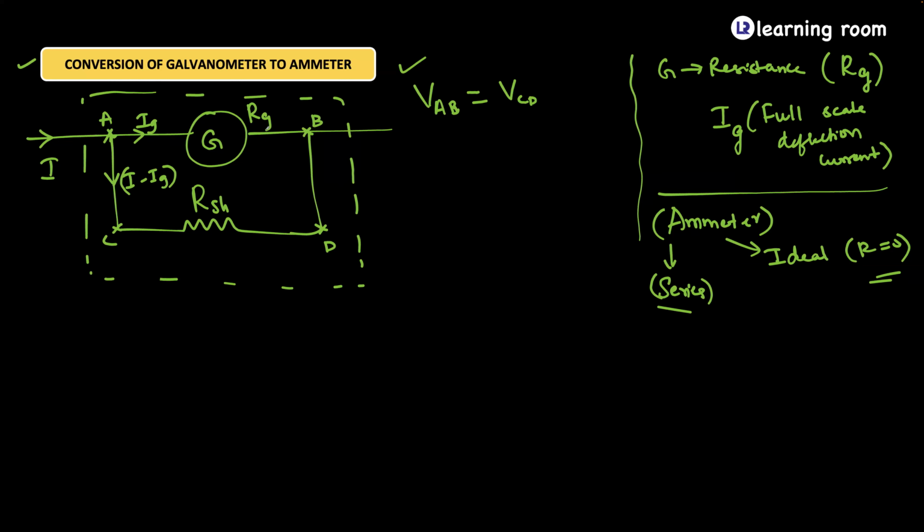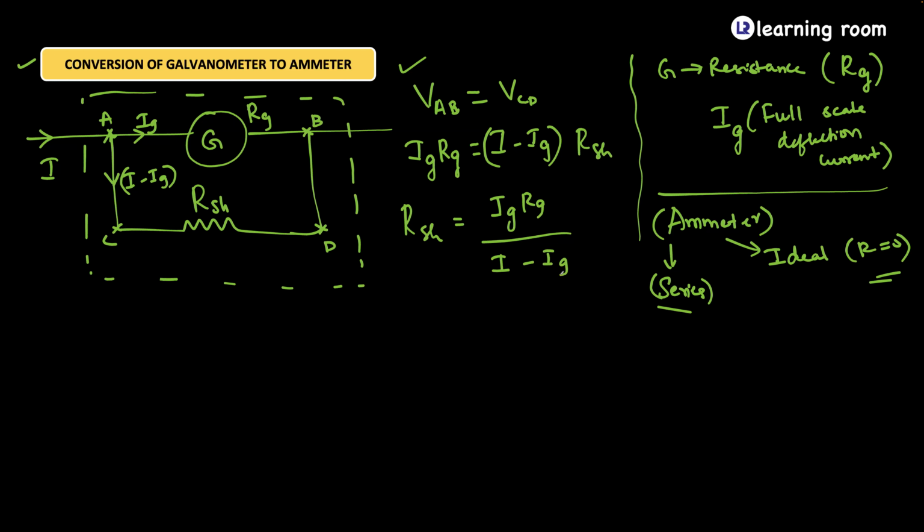So the potential drop across the galvanometer, according to Ohm's law, is Ig into Rg, which is equal to the potential drop across the shunt resistance, (I minus Ig) into Rsh. So the value of the shunt resistance is Rsh = Ig Rg / (I - Ig). That's it.